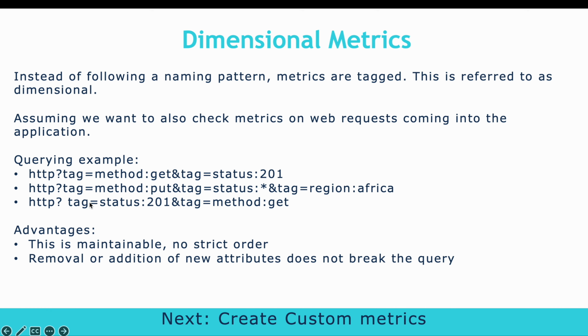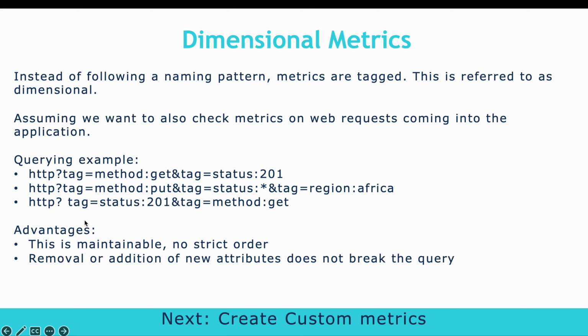And we also have the other one. Here you see we have swapped the order. You are saying http, tag status equals 201 and tag method equals get. So we have swapped the order. It doesn't really matter what comes first, and yet we will still be able to get the business value that we want.